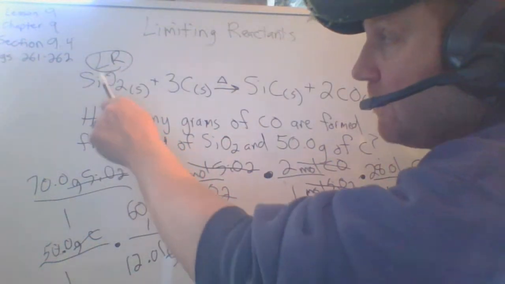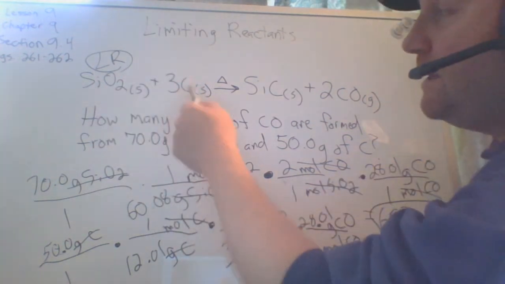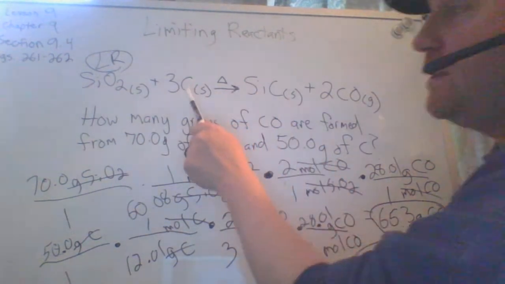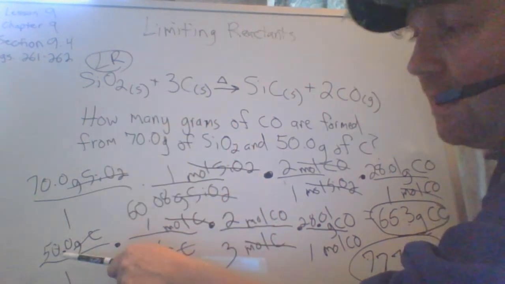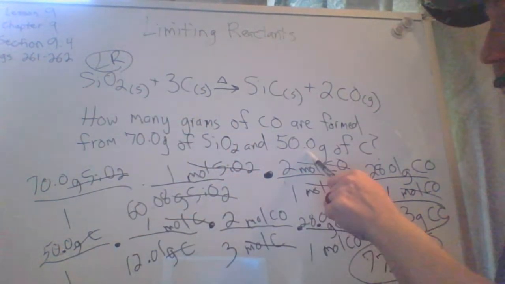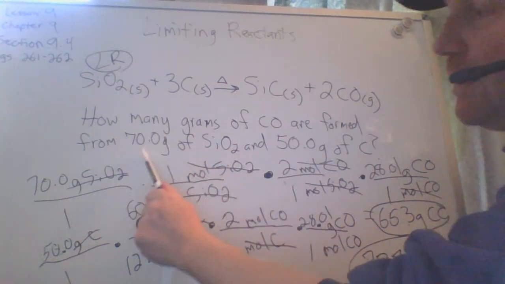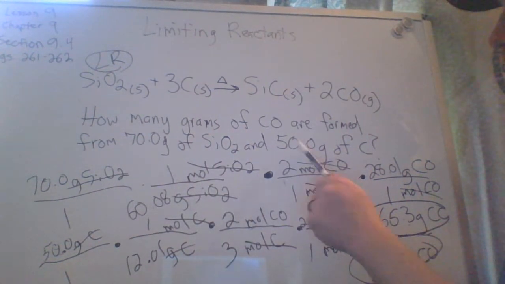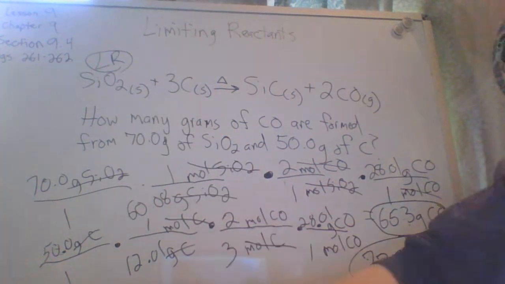We're simply going to go from grams of reactant A to grams of reactant B, and the number that we come up with in grams will be how much of this stuff we use, not how much we have. This is how much we have. How much are we going to use? We know that all of this is going to go away, but we're going to use some of this. Again, here to here, grams to grams. Let's do it.